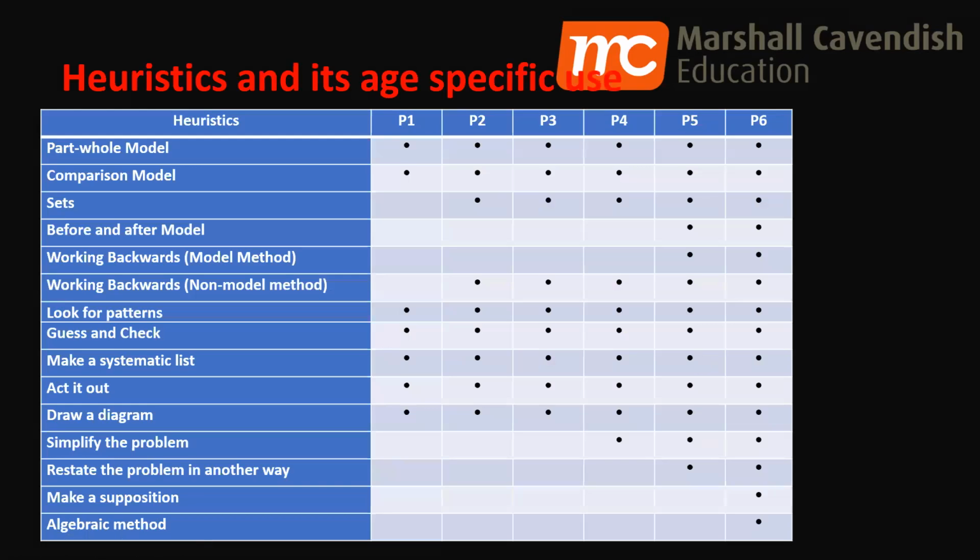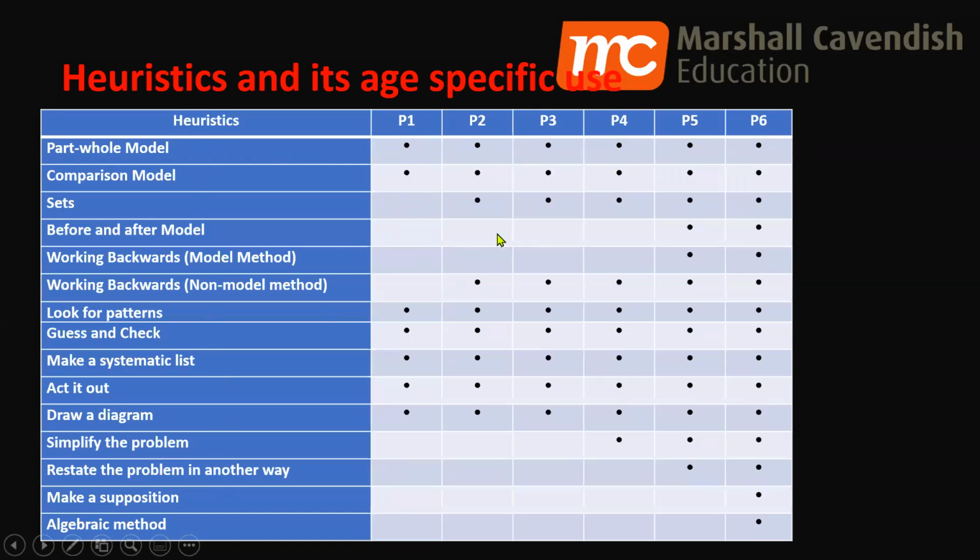Now, this is used in a typical Singapore classroom, but it's very much modified in our Cambridge books. It's slightly different because back here the rigor is really strong. So if you look at it, these are all the heuristics that we use, age specific. So at grade 1, we do part whole and comparison.